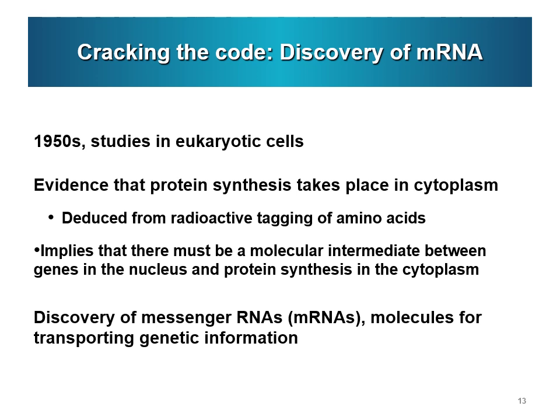There were experiments where amino acids were tagged with radioactive molecules, and from these experiments it was clear that there is an intermediate process happening, a molecular intermediate between the nucleus and protein synthesis in the cytoplasm. That's how scientists discovered the messenger RNA, which plays the role of the transporting agent for genetic information.